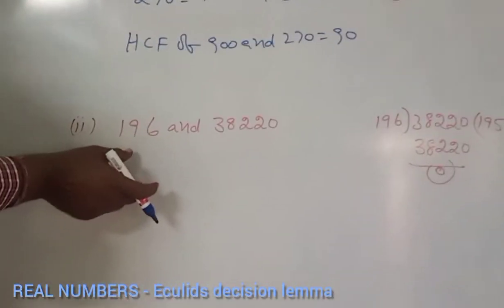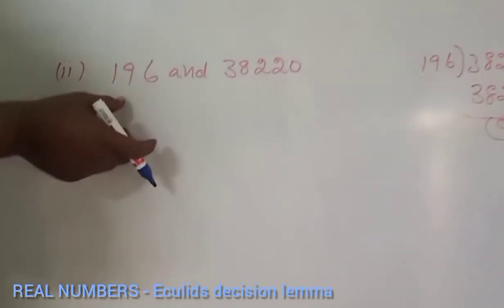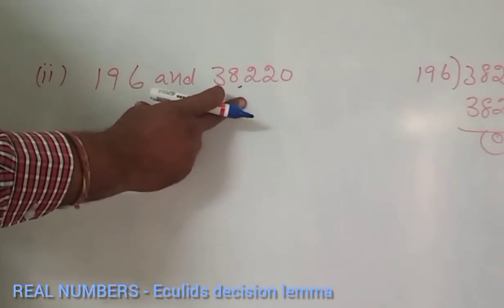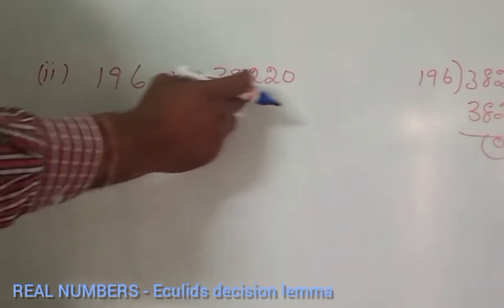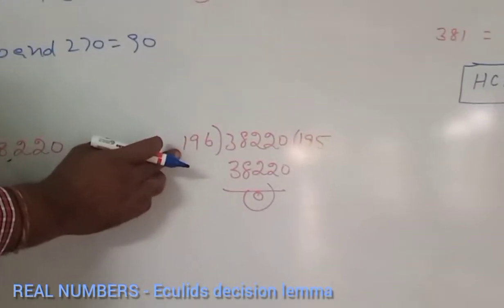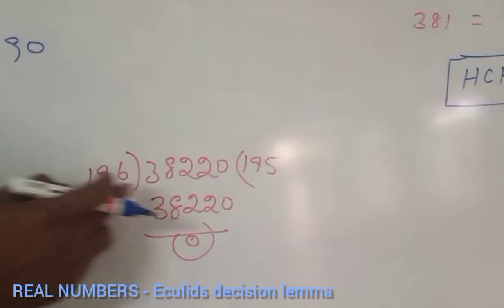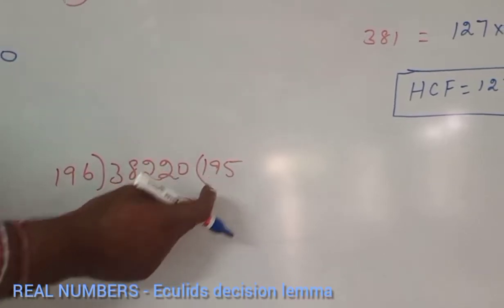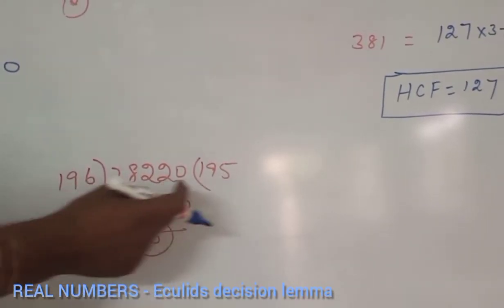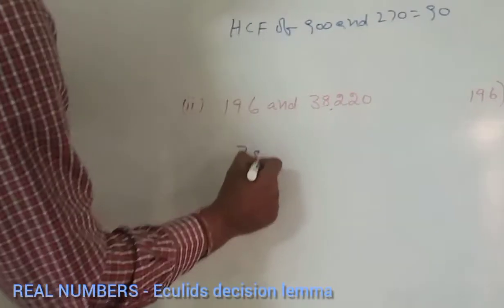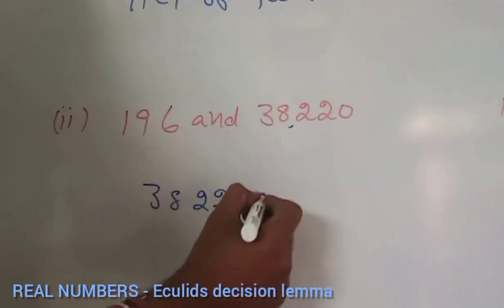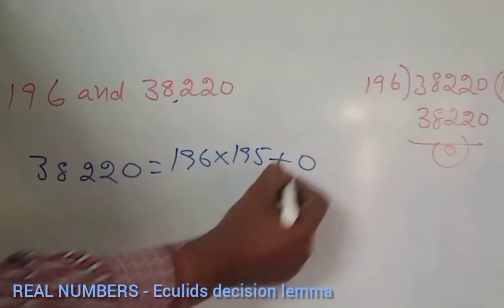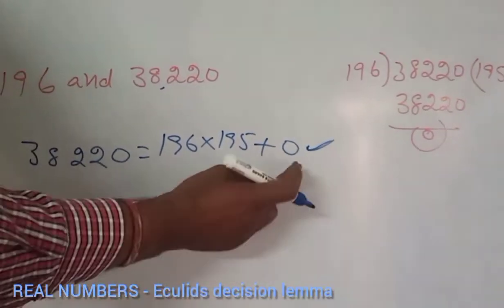And next, the second question. Here 196 and 38,220. Find the HCF of these two numbers by using Euclid division lemma. 38,220 divided by 196: 196 goes in how many times? 195 times, remainder 0. Dividend equals divisor into quotient plus remainder, so 38,220 is equal to 196 times 195 plus remainder 0. Here the remainder is 0 in one step.